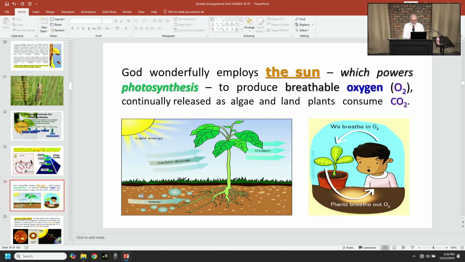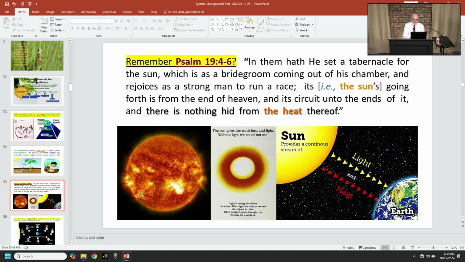Now, it's all very, very complicated, but it's also very good at illustrating how God has provided for us humans, for animals, and for plants, and is using the sun to do that in a way that's not suggested, but it's actually ruled. And then, of course, the heat. You can't stop the sun's heat.